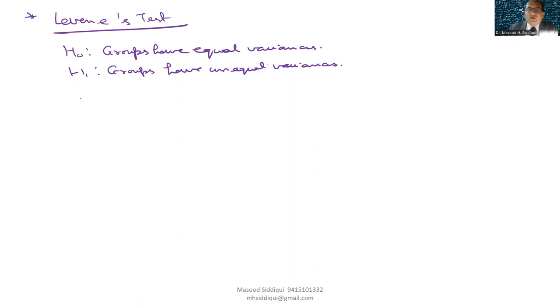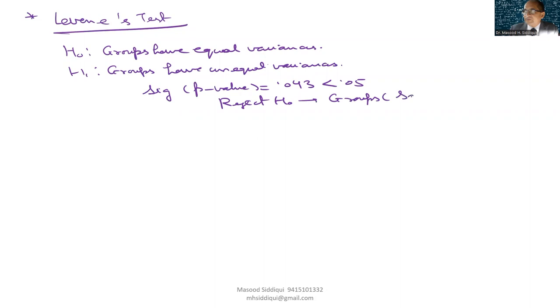Okay. So here, as we look for the statistics, right? Here the p-value or the significance, this p-value is 0.043, which is less than 0.05. So we would be rejecting H naught. Rejecting H naught means groups or samples have unequal variances.